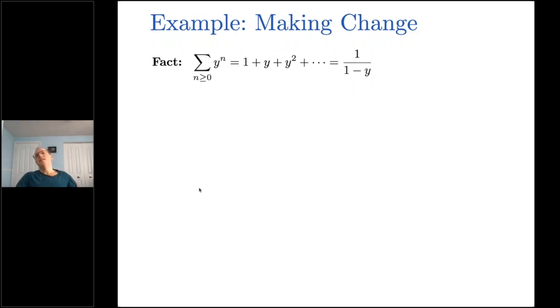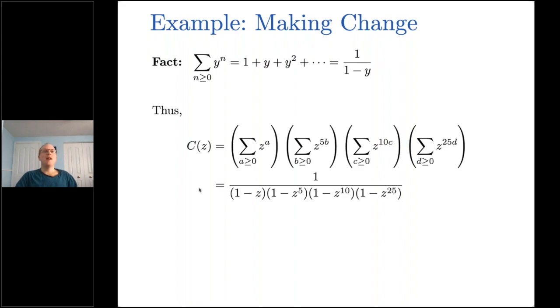Now, as we basically saw before, if you sum up the powers, y to the n, you get a rational function, 1 over 1 minus y. We saw this before where y was equal to 2z, but it's true for y for the same reason. So what that means is that if I have my generating function here, then the first series is basically the same thing: I set y equal to z, and I get 1 over 1 minus z.